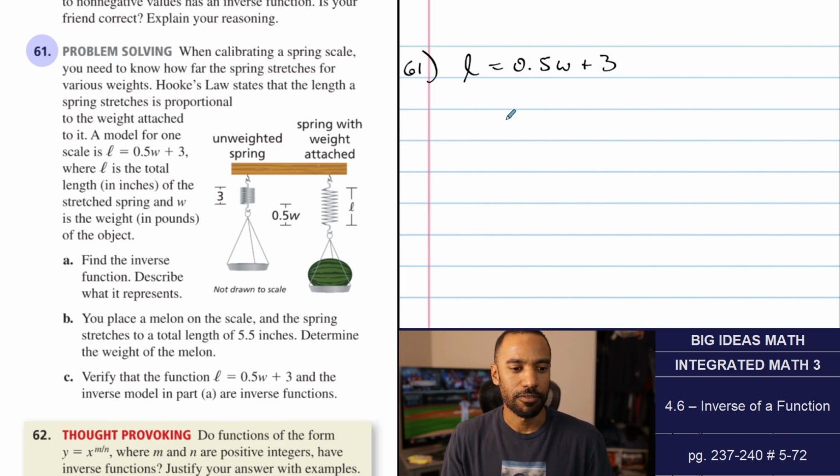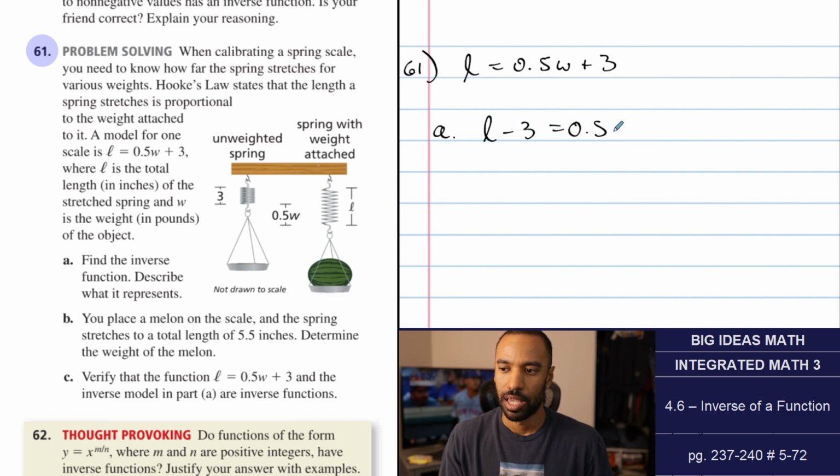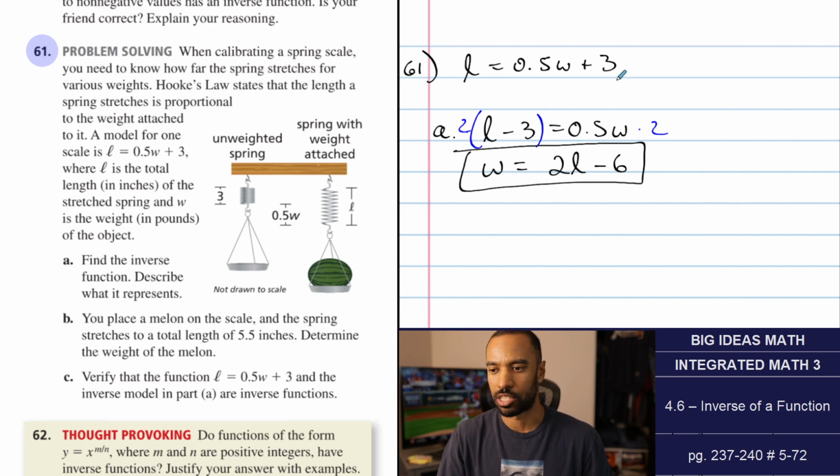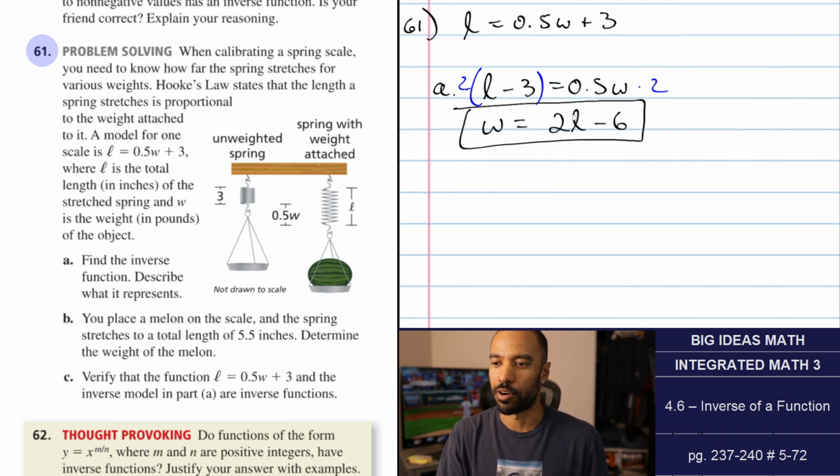Part A, find the inverse function, describe what it represents. So first of all, this one represents the length you can get based off of the weight. Our inverse function will represent the weight you can get based off the length. So we are going to subtract 3 from both sides, and dividing by 0.5 is multiplying by 2. So I'm going to multiply both sides by 2, and we're going to get W equals 2L minus 6. There's my inverse function.